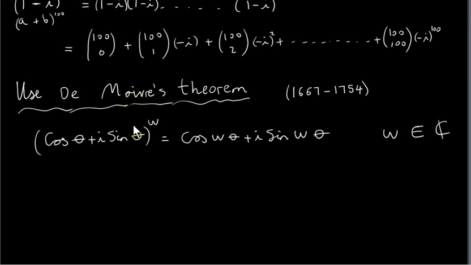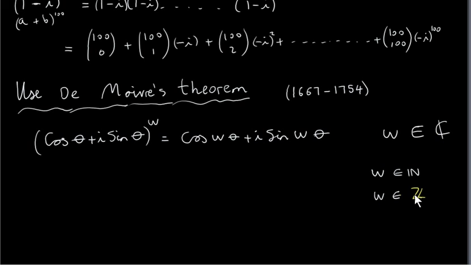Here is the statement of de Moivre's theorem. Cos theta plus i sine theta to the power of omega, or w, is cos w theta plus i sine w theta, where w is actually any complex number. Now we will prove this theorem for the case where w is an integer, or well, a positive integer, or any integer.